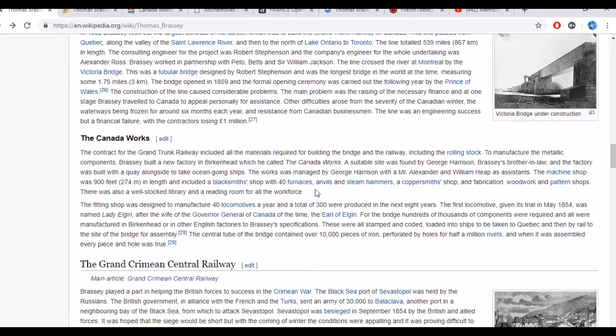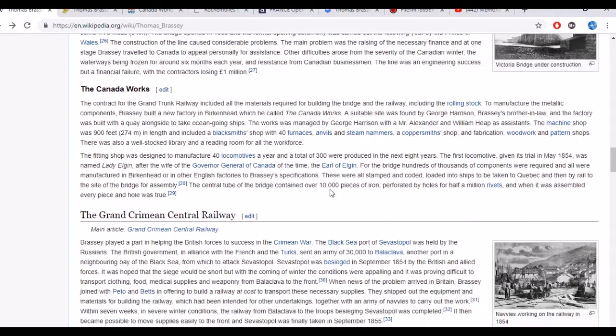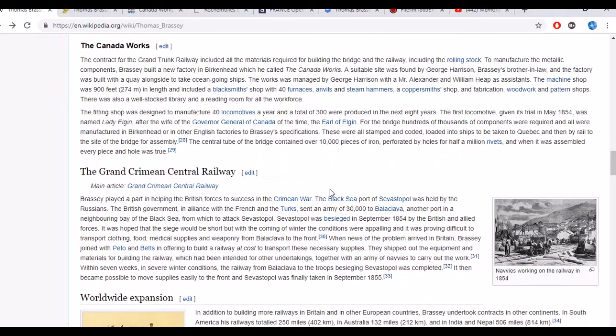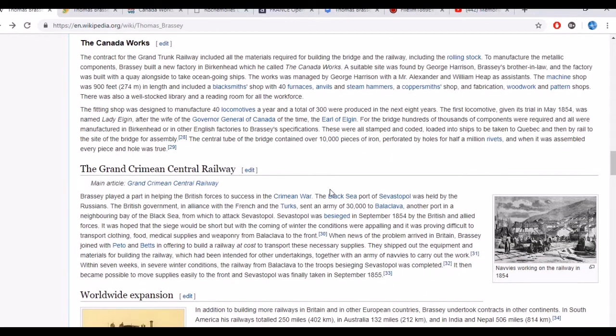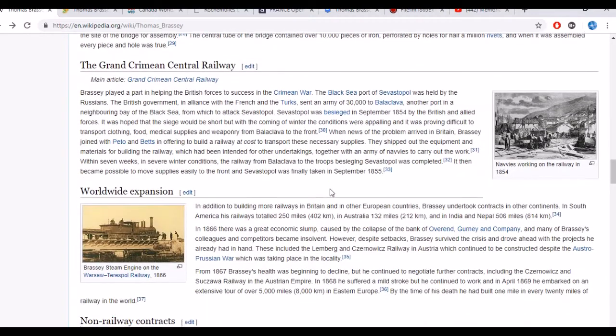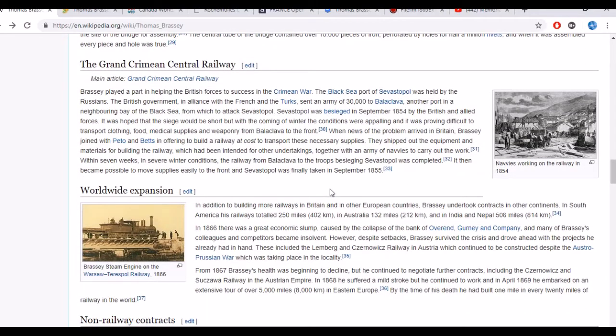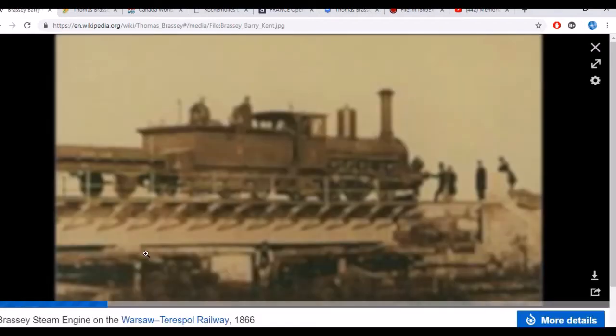It had 40 furnaces, anvils, steam hammers, coppersmith's shop, fabrication, woodwork, pattern shops, library, everything. And up there they built trains, and later on ships and yachts. There's one of Brassey's steam engines on the Warsaw Railway.